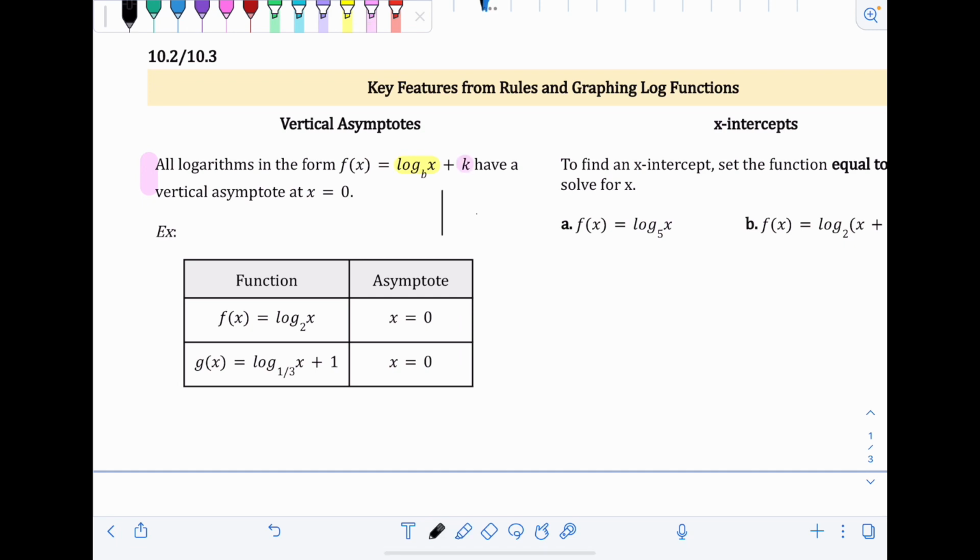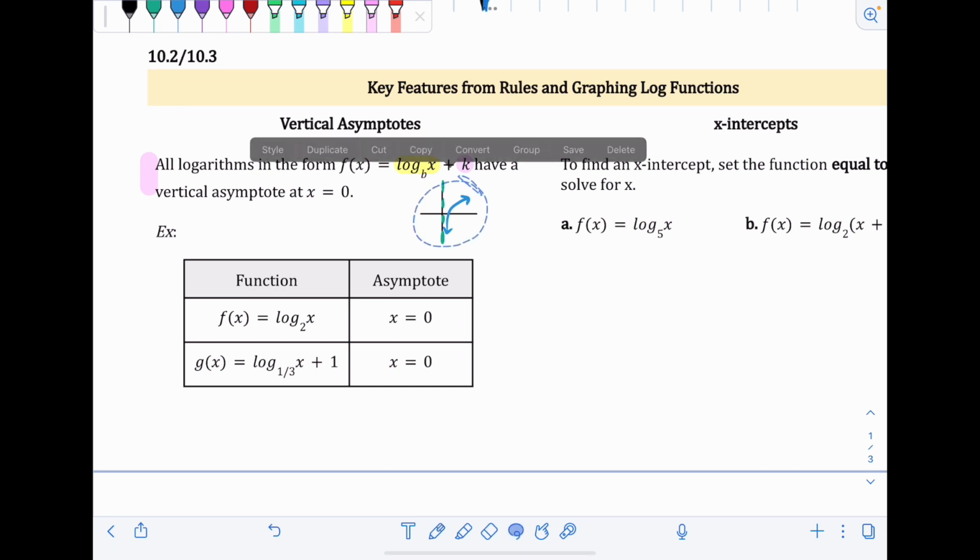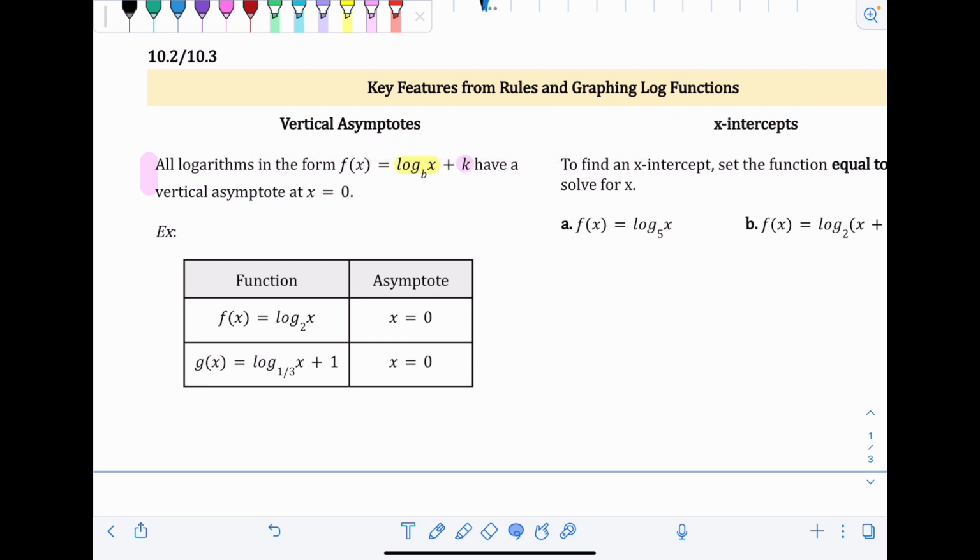But if I picture the parent function with a vertical asymptote at x equals 0, a vertical translation is going to move the graph up and down, but it's not going to move it left or right. Moving it left or right is what would move that asymptote. So as long as you don't have any horizontal translations like h, the asymptote would stay the same.